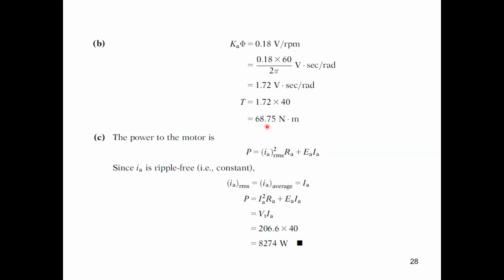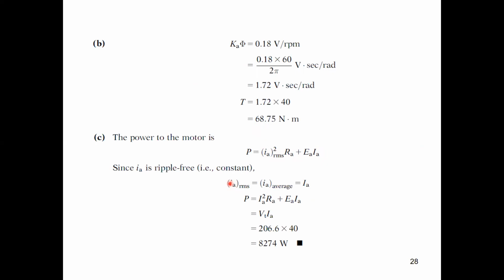Finally, we need to calculate the motor power. We can calculate the motor power using Ia squared RMS multiplied by Ra, which is the machine copper losses, plus Ea Ia, which is the developed power. For the DC supply, we assume the current is ripple-free, which means it's constant DC.